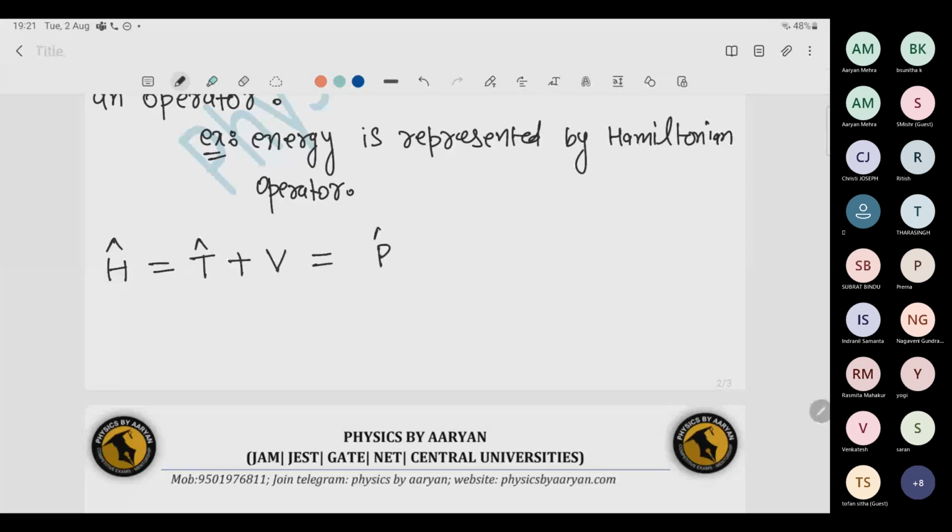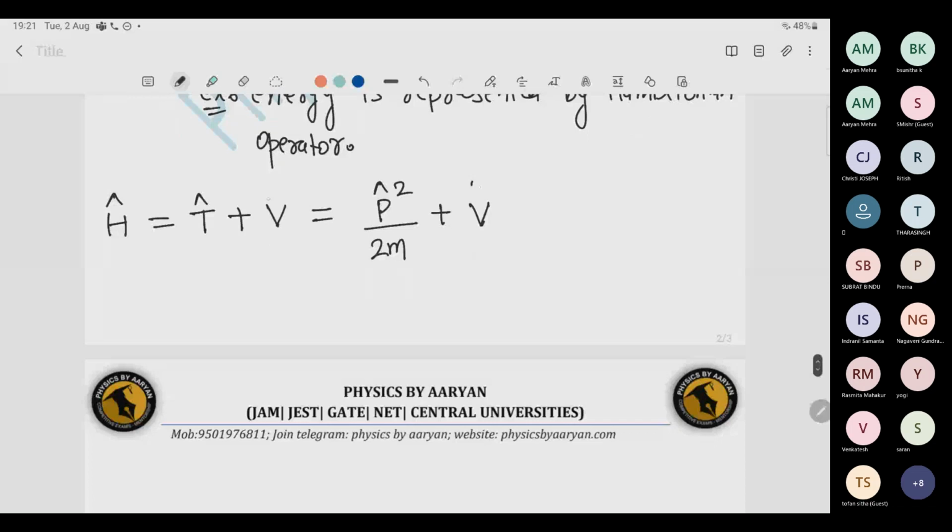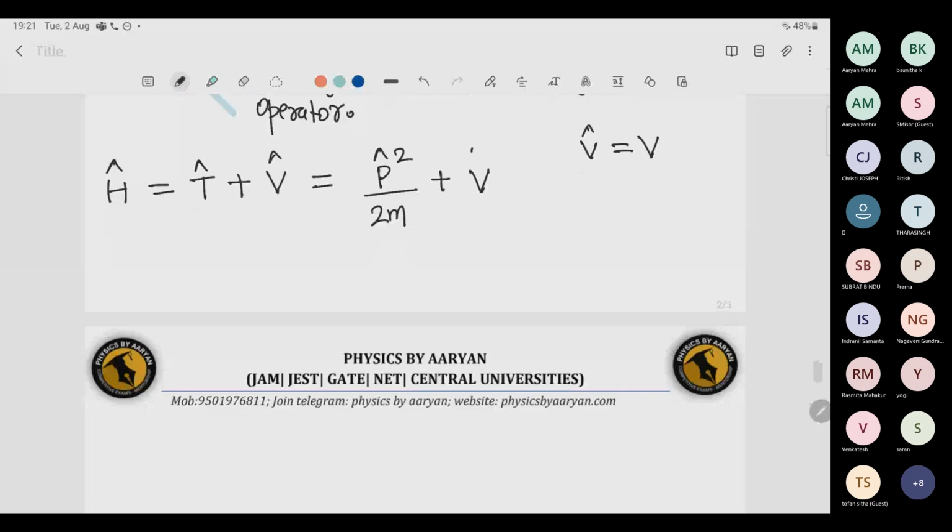The kinetic energy operator is simply the momentum operator squared by 2m. You know this definition that kinetic energy is p squared by 2m. Similarly, the V operator is simply whatever potential your system has. That is the thing you should remember.